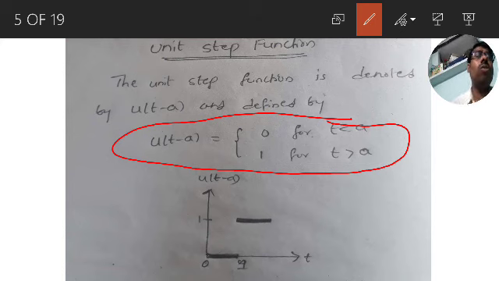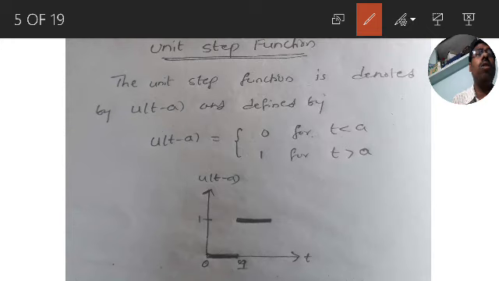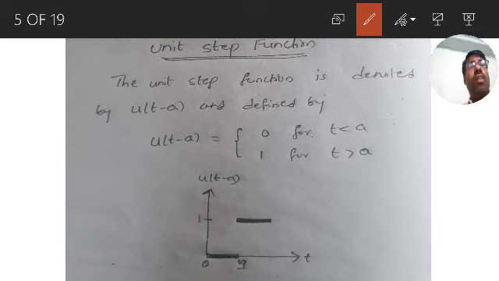Are you able to get it? I am clearing up this unit step function, repeating it once more for you. The unit step function is denoted by u of t minus a, and it is defined as 0 for t less than a, and 1 for t greater than a.